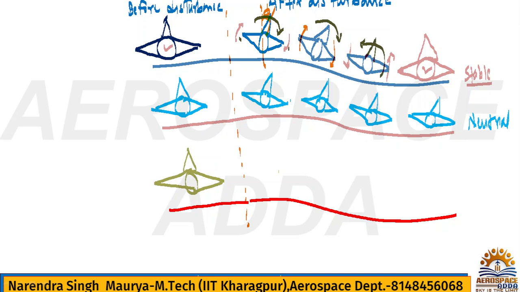Once a disturbance came and hit the aircraft, then the right side wing will go down and the left side wing will go up, like this. And this will be continuous.